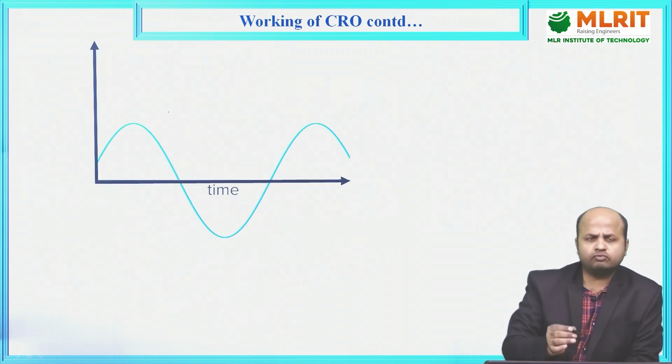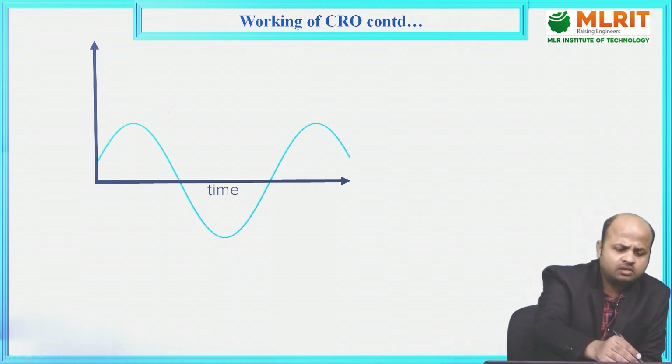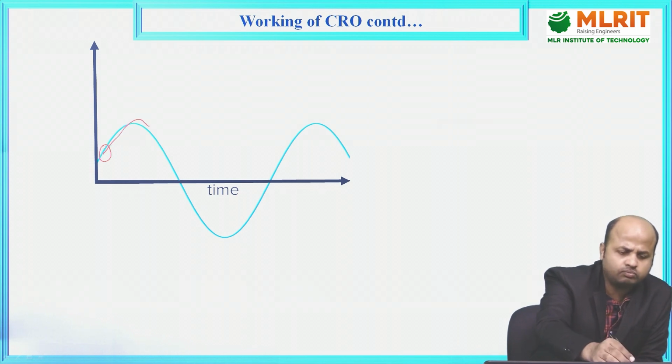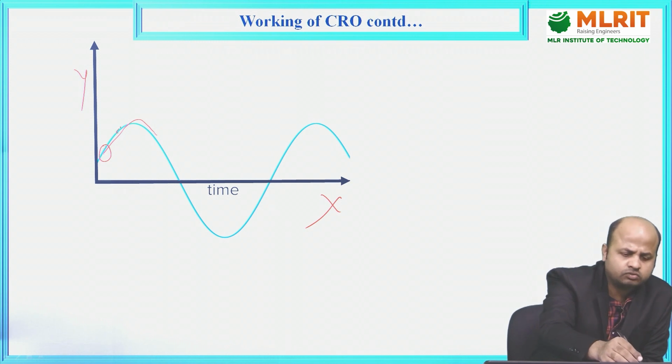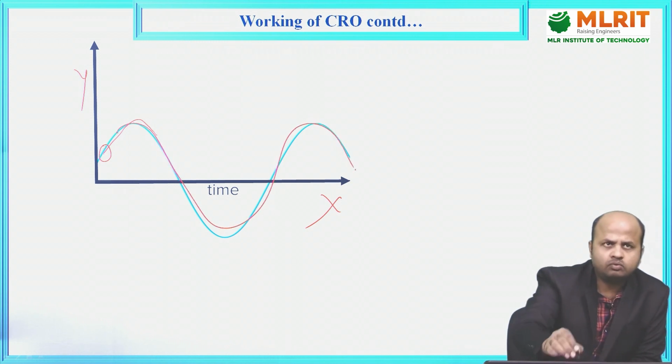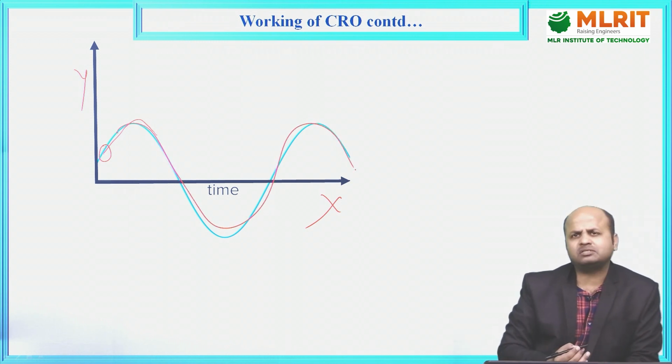Okay, here also we can understand that. Here we can see that you take any electron beam, okay, and it has to move towards the y-axis and x-axis to draw any waveform. So the basic principle is that we have to control the movement of the electron beam to draw any signal on the CRO.